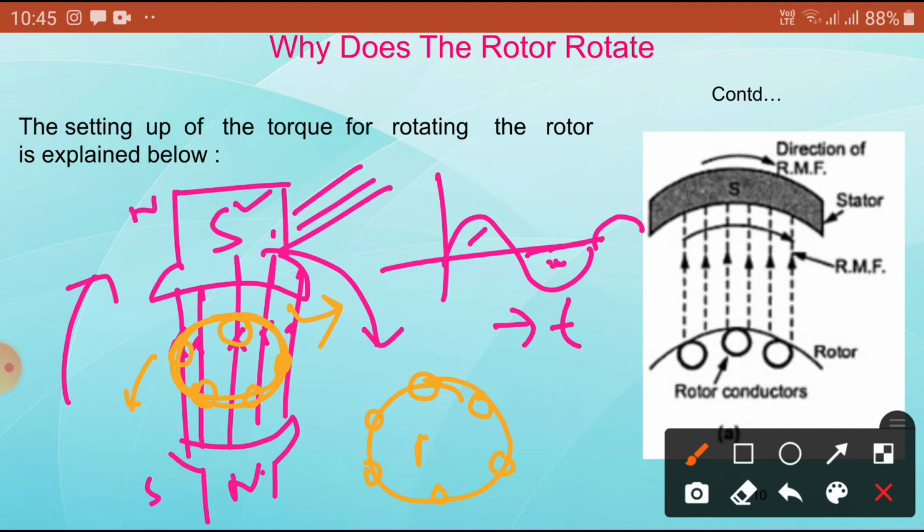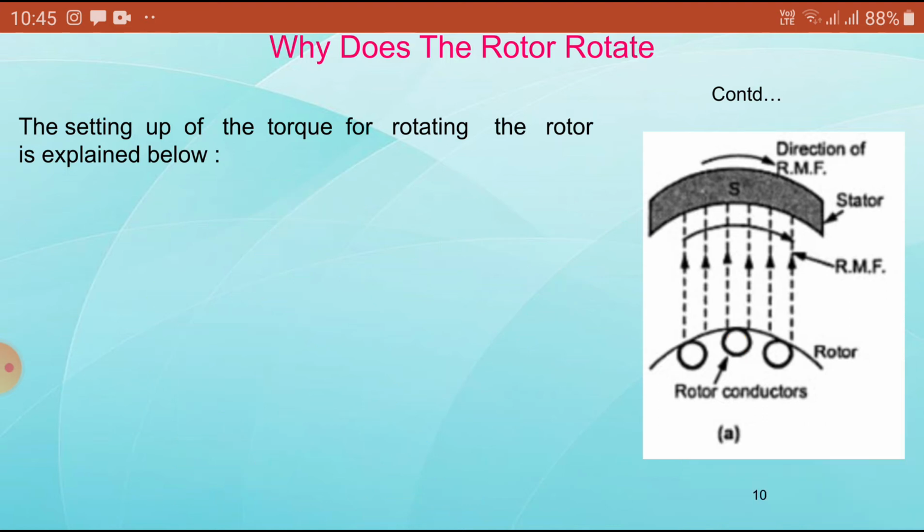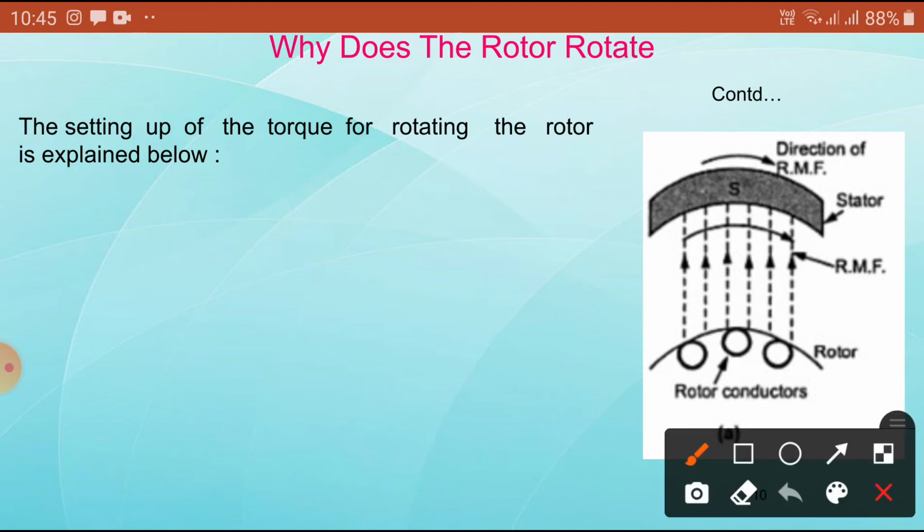Let us assume here is the outwards, so the current is coming towards us here. These are the rotor conductors. It is coming towards us here, and the other conductors are going inwards.